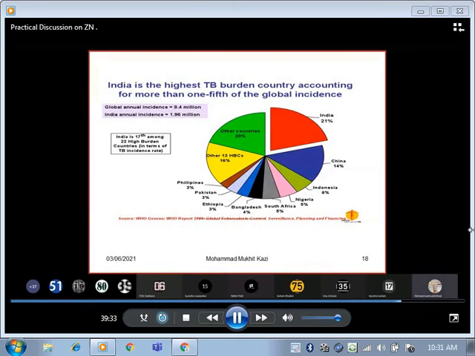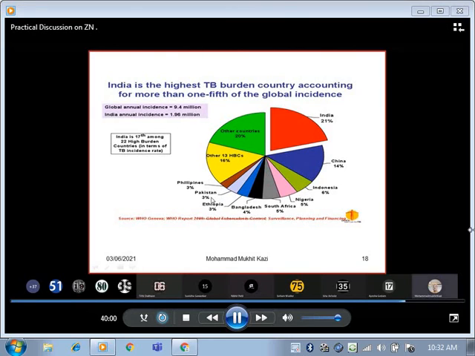This is the disease burden in the pie chart. India, red zone. See here, 21% of the global population infected is in India. Other countries, 20%, and then small countries there also. Even if you look at Pakistan, it is very low compared to us. Even they are doing better in tuberculosis.